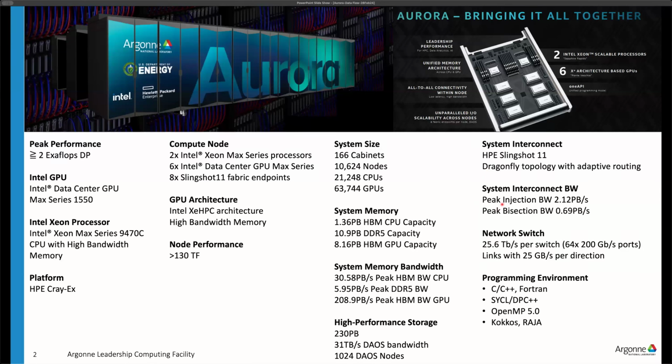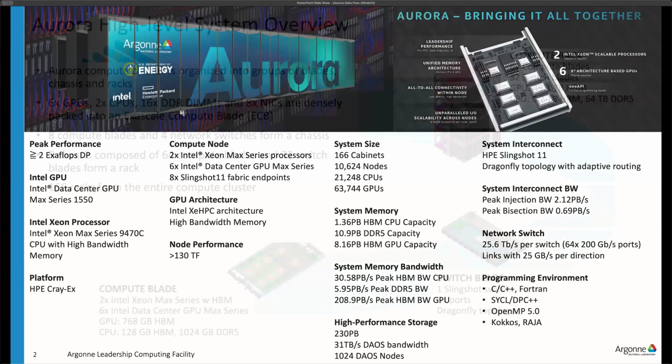And the numbers are there for the peak injection and bisection bandwidth. It's stated to be a peak of over 2 exaflops. So that's the stated compute power for the entire system. We support the entire oneAPI SDK and its various programming models. Predominantly that covers SYCL and OpenMP with the other portable layers such as Kokkos.